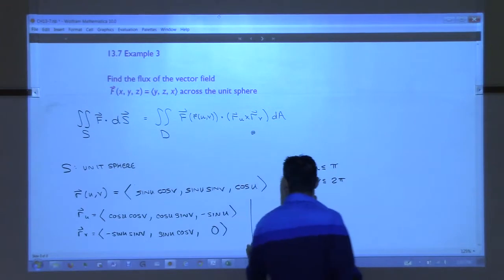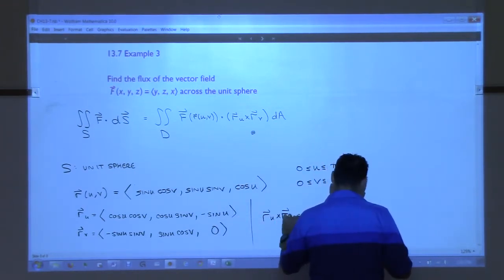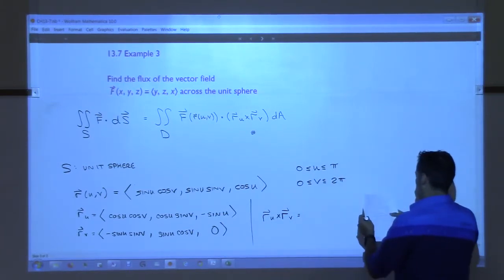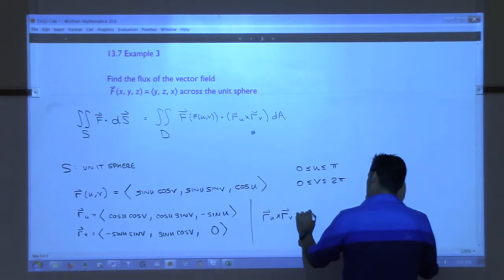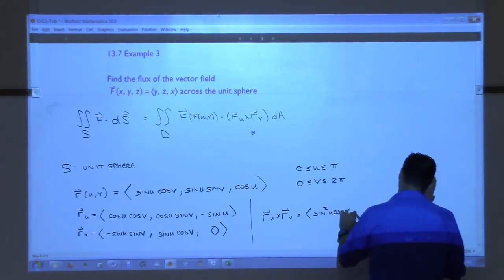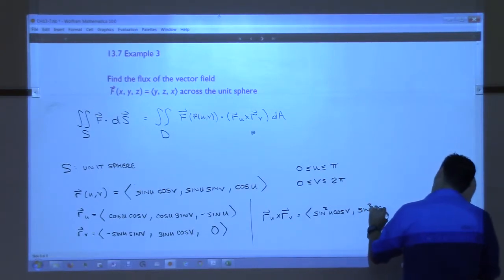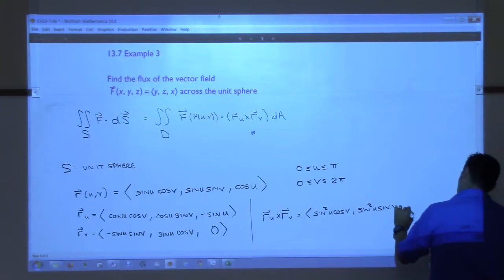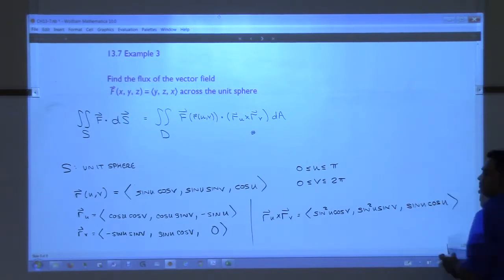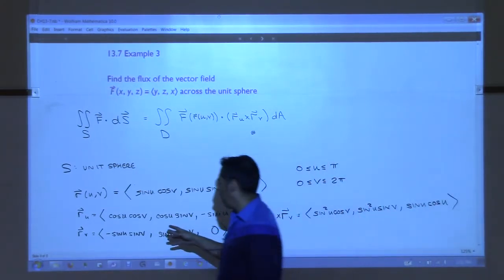I can just write down the cross. Okay, I think we get, someone can double check, sine squared u cosine v, sine squared u sine v, and our last one simplified to be sine u cosine u. That's what you should get when you cross these two. All right?